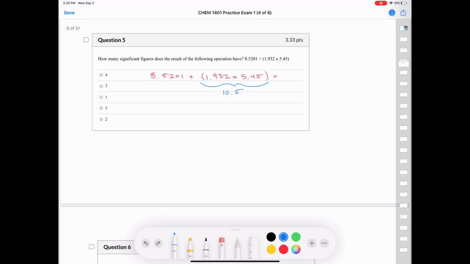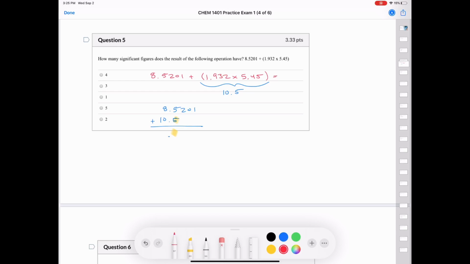And I'm going to set it up like this. I've got 8.5201, and I'm going to add 10.5. Well, you remember that in addition and subtraction the final answer can only have as many decimal places as the number with the least decimal places. 8.5201, that's 4 decimal places, whereas 10.5 only has 1 decimal place, and so our final answer can only have 1 decimal place.